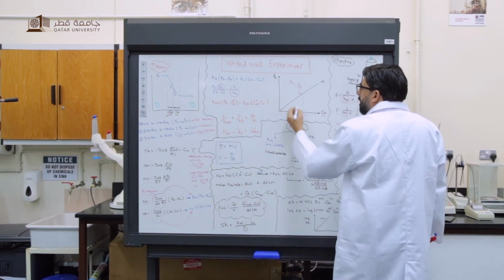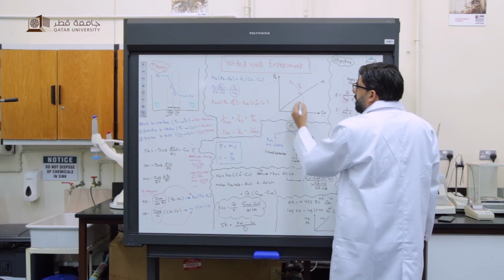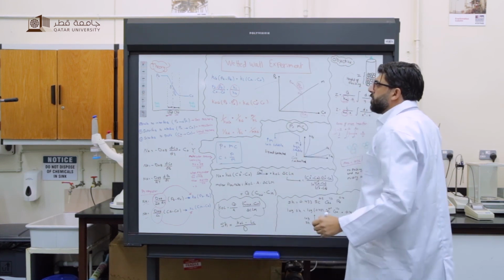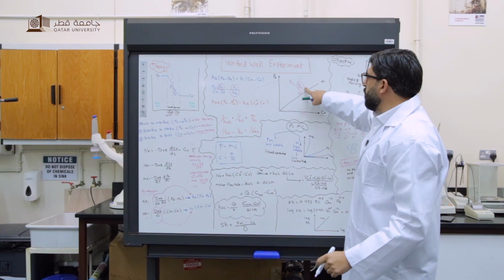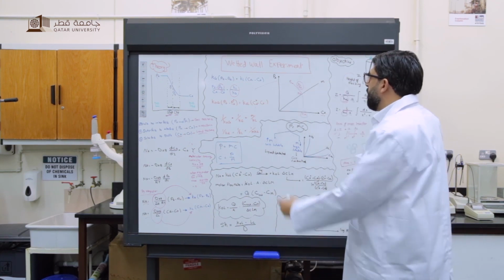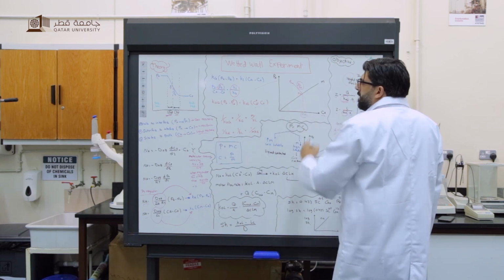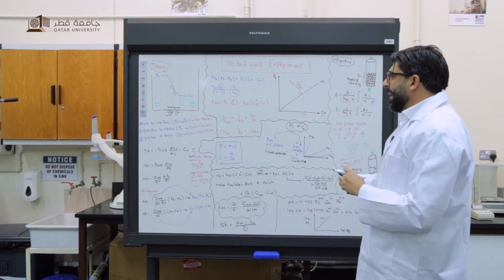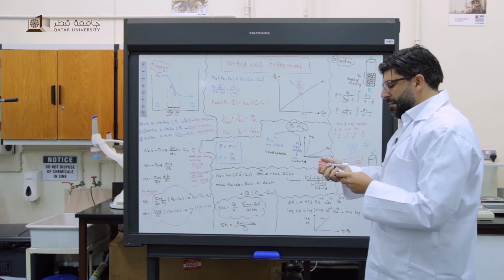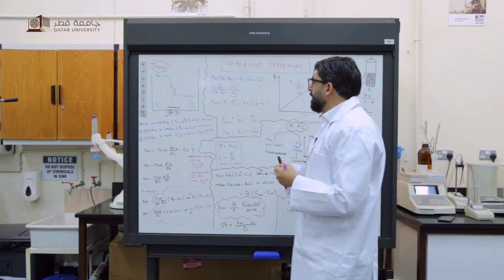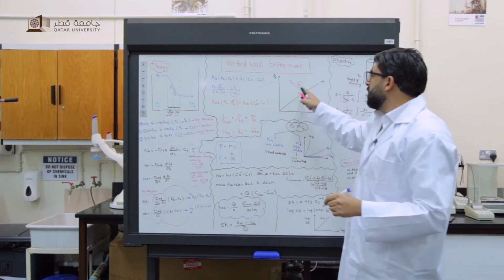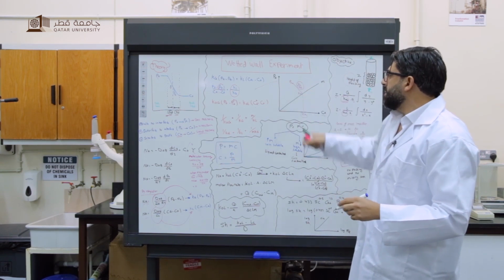And also I can determine the CAI. So this is the KL over KG, the individual mass transfer for the liquid over the gas phase. So from this slope, I can find both PAI and CAI. But again, it's inaccurate and difficult to define the values of both KL and KG.